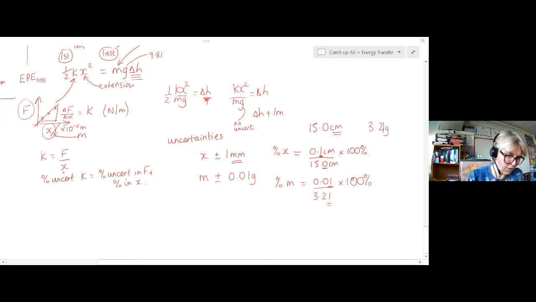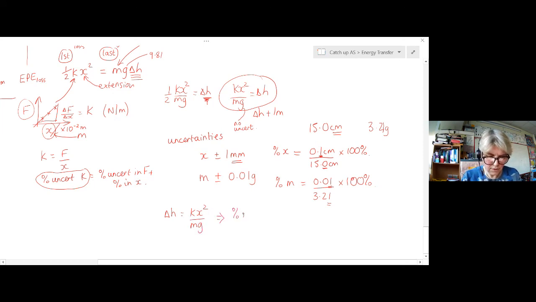So once I've got this percentage uncertainty in the K value, to get the percentage uncertainty in delta H, because delta H is given by kx squared over mg, we will have to do this percentage uncertainty in K, because we're using it just once in the equation.